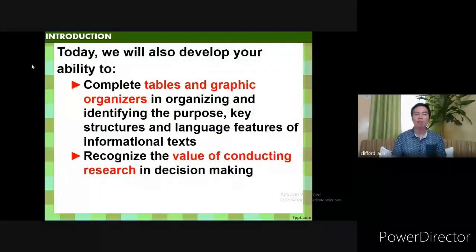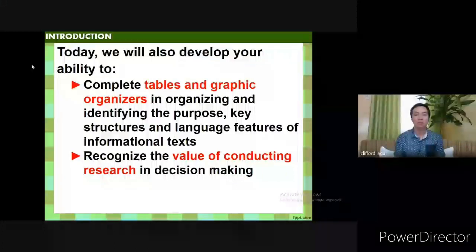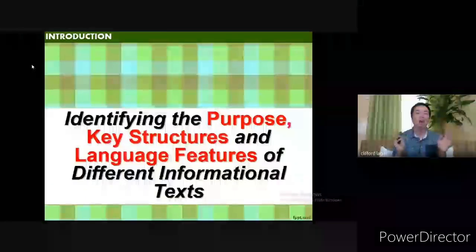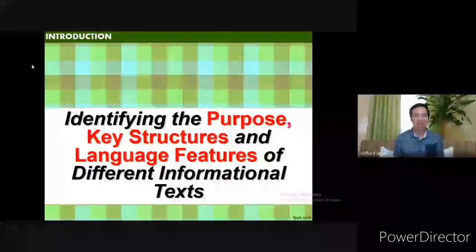At the same time, to recognize the value of conducting surveys or research in decision making and infuse positivity amid unresolved pandemic.